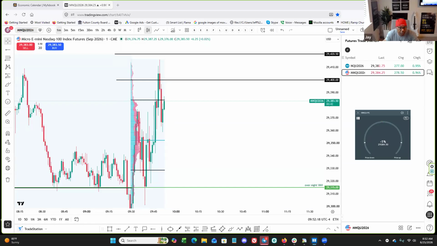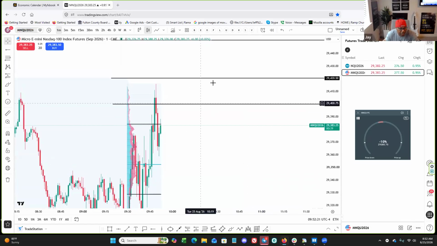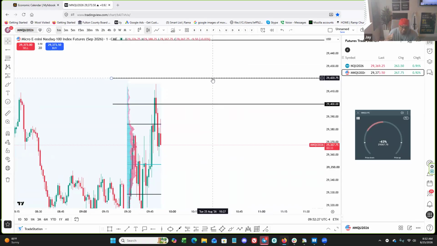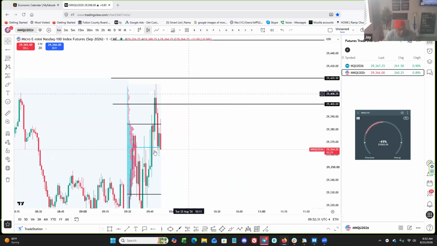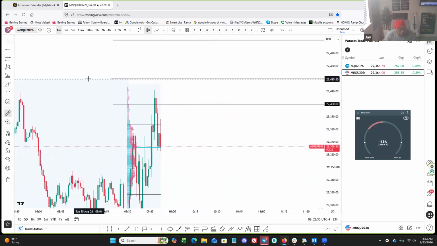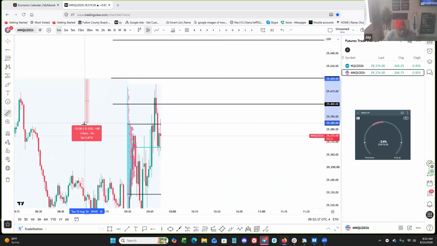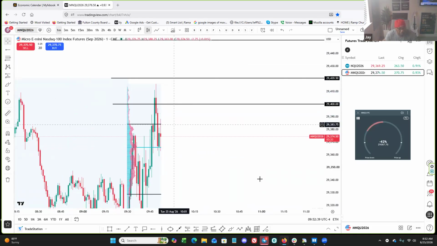Yeah, 29,420. That's gonna be this area right here. If we got to this area, if we were a little low on volume in 420, then I would be looking to short 420 back down to the value area high right here, which is probably about 144 ticks or something like that.